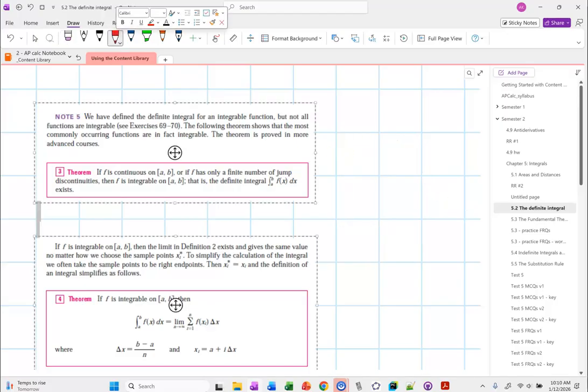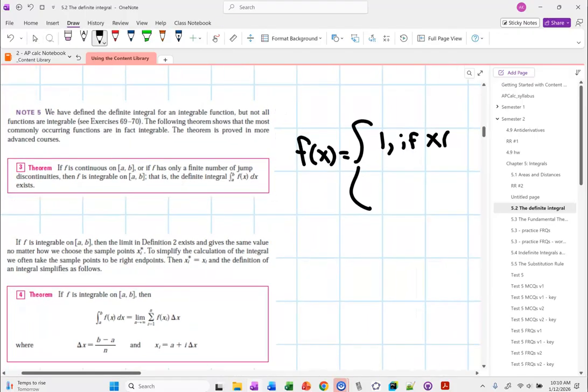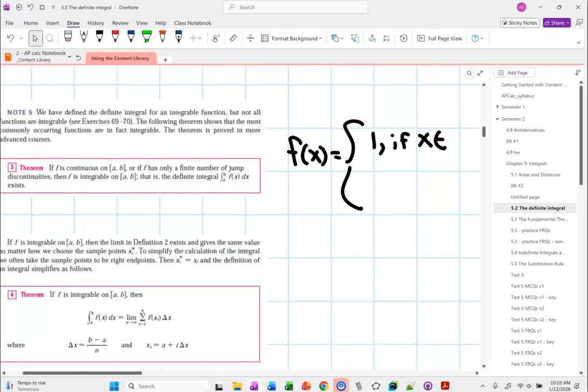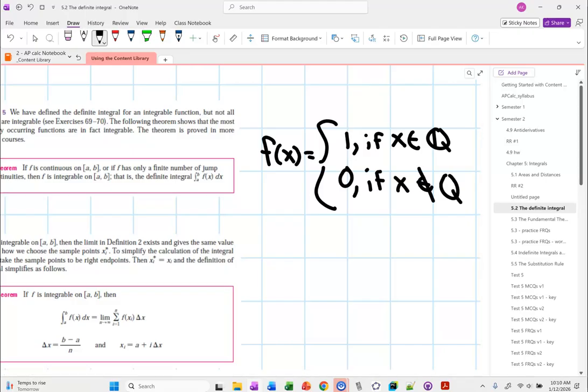let's think about this function. Let's say f of x is the piecewise function where f of x is equal to 1 if x is a rational number, and 0 if it's not.